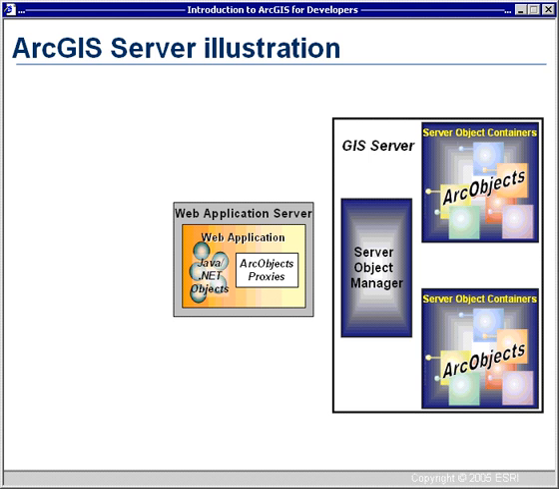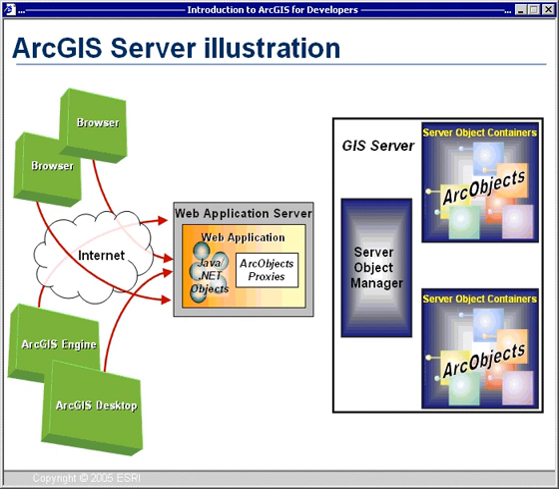The application server serves up the web application that you've built with the Java or .NET ADF. The web applications work with the GIS server and any clients to the server. Clients to ArcGIS Server could be internet browsers working over the internet, or custom engine solutions or desktop applications over the internet or through the local area network.